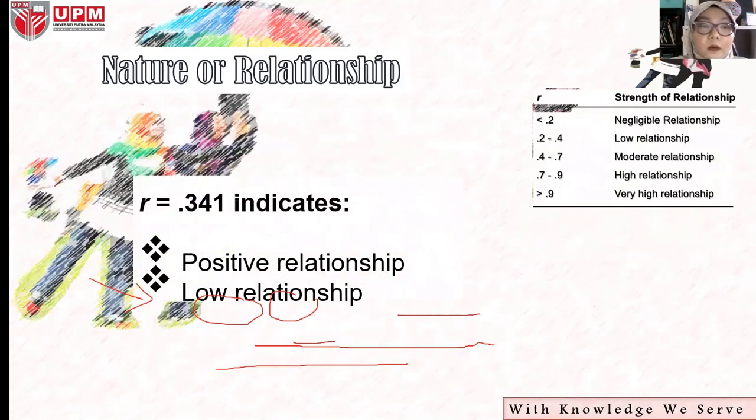Based on the R correlation coefficient 0.341, it indicates that there is a positive relationship between task-oriented coping and philanthropic behavior. And then by referring to the Guilford rule of thumb, 0.341 falls within the second range, which is a low relationship.